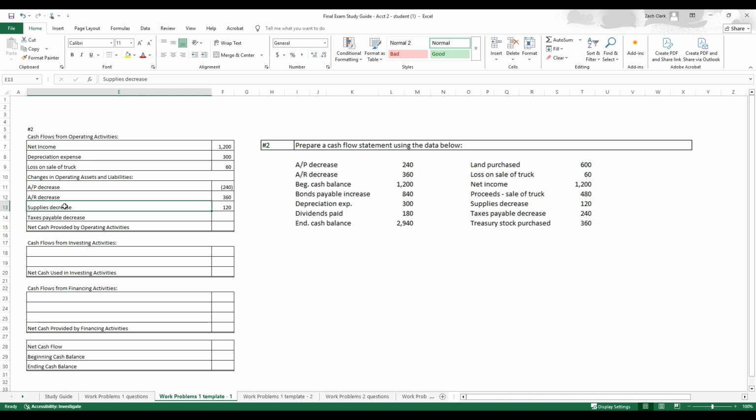So again, if it said supplies increased, we could pretty easily deduce and think through that logistics of supplies increased because I paid cash to buy those supplies, and if cash is being paid, this would go down. And then we could just flip our thinking since supplies decreased and have this be a positive. And the reason why it's a positive directly related to the supplies decreasing is because there's some expense that is included in net income that's related to supplies going down instead of cash.